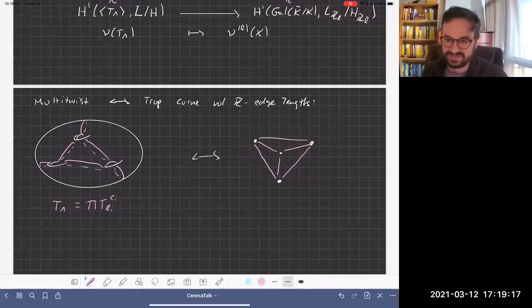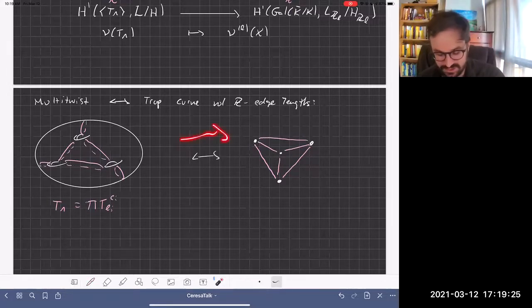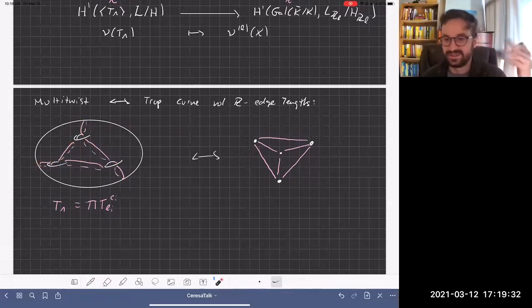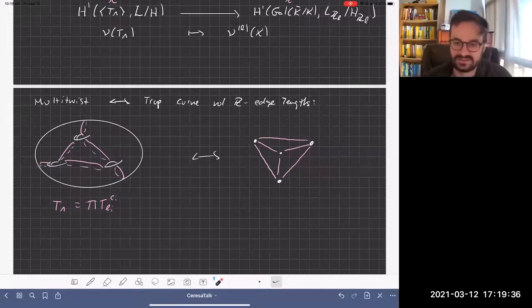And so if you want to not pass through algebraic geometry and just look at the topological setting, if you want to go in this direction, you would just cut along each of these curves. Then the connected components will be your vertices, and the loops will correspond to your edges.